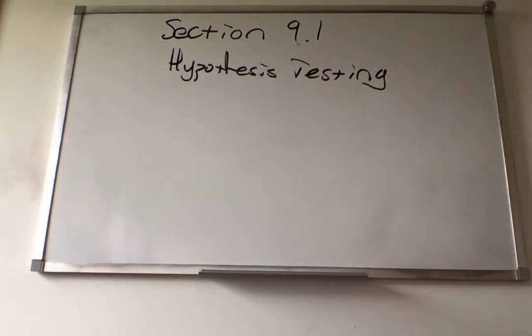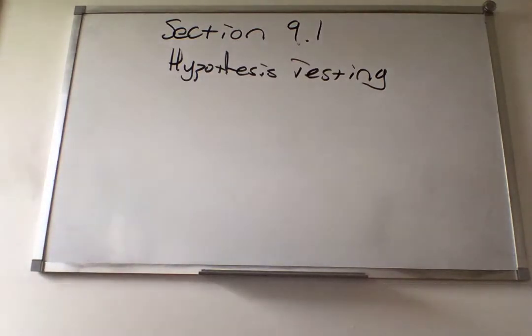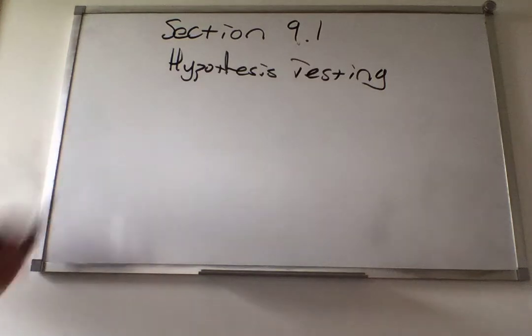If you recall, we would get a test statistic and calculate some error, and we could be some percentage sure that the true population parameter would lie between some lower bound and some upper bound. Now, hypothesis testing is going to allow us to test a claim made about a population parameter.